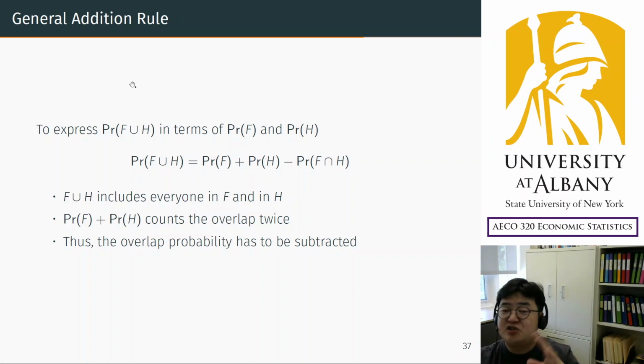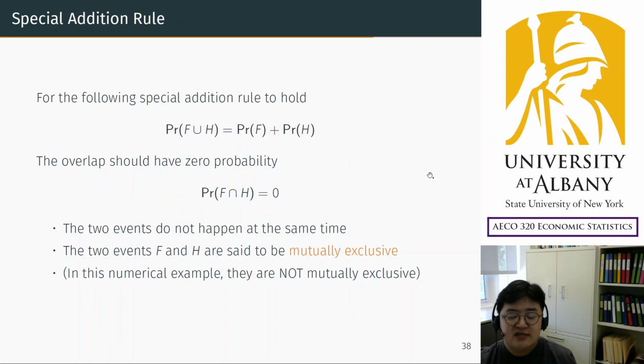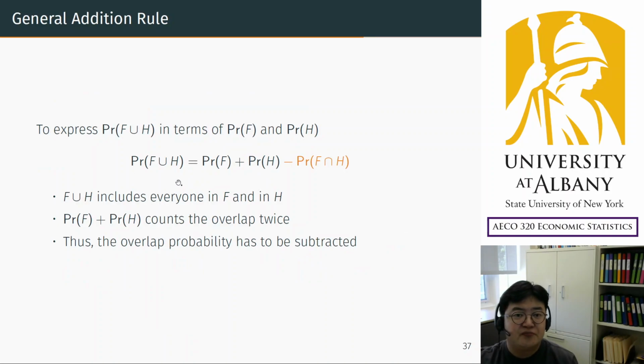Okay, this is the general rule. It holds always. And there is a special rule. Many textbooks only show you this formula, but this is not general because it requires an assumption. Given the general rule, this part is the main kind of problem. I don't like this part because the formula is not clean.